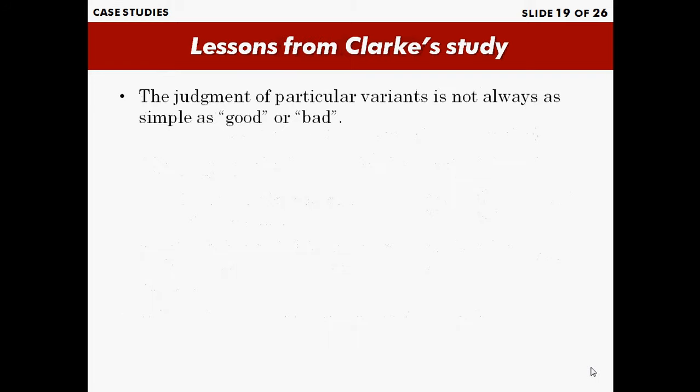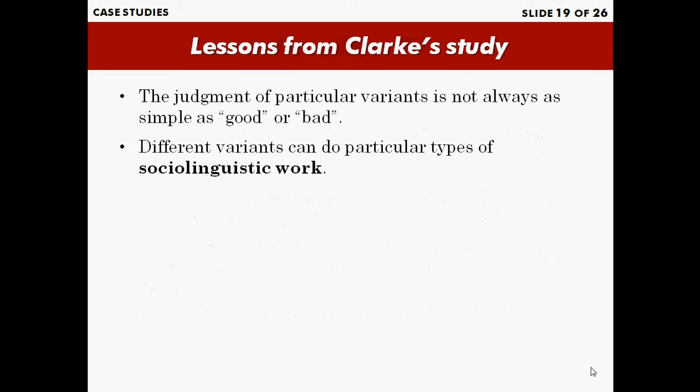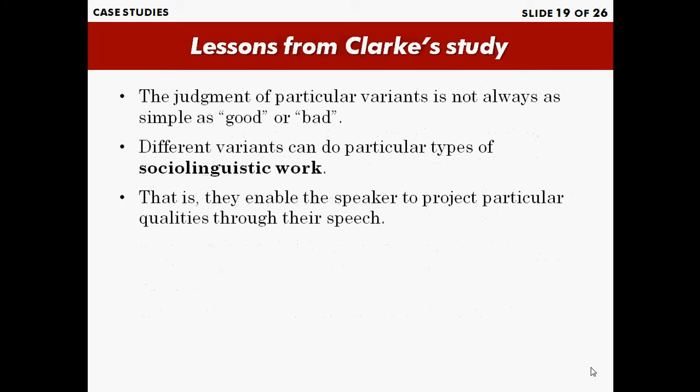So what lessons do we take out of Clark's study? It's not always as simple as, is this variant good or bad? Different variants can do different kinds of sociolinguistic work. And by sociolinguistic work, we mean they let you project particular qualities that you want to project through your speech.